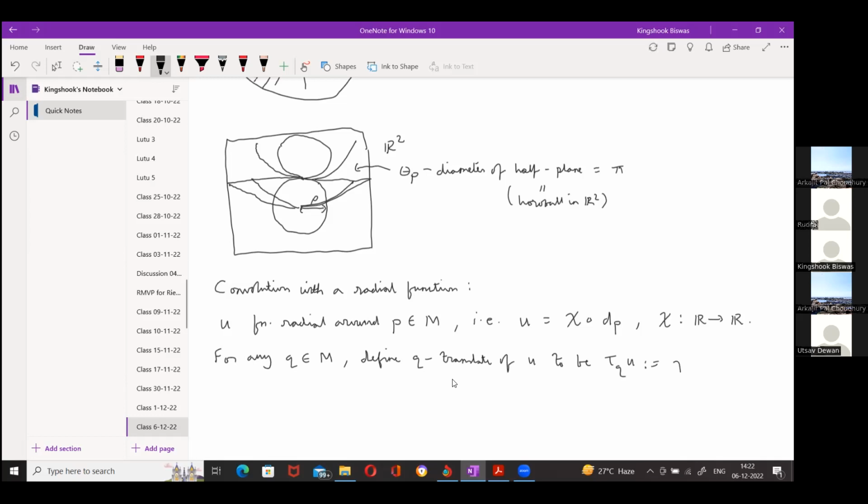So this will be chi composed with the distance function from q. So this is now radial around q.